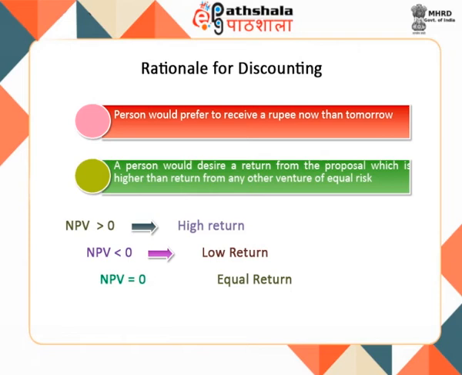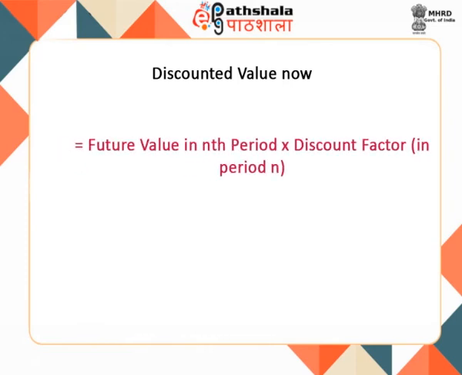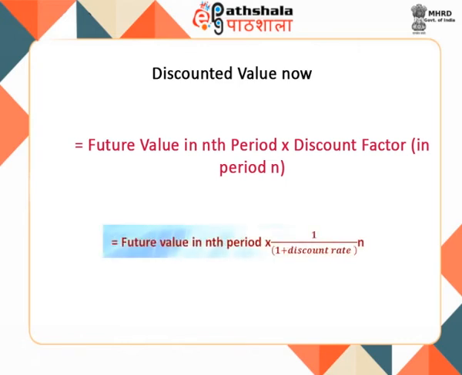In this way, several projects can be compared on the basis of NPV. Discounted value now can be calculated by multiplying future value in the nth period by the discount factor in period n, or multiplying future value in the nth period by 1 divided by (1 plus discount rate) to the power n.